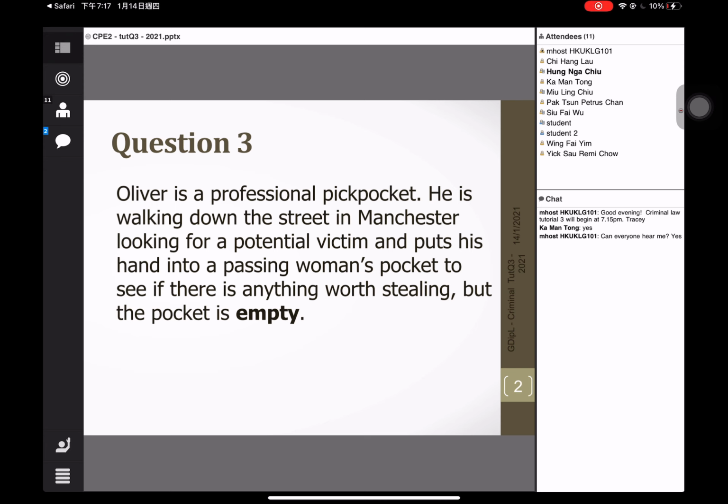Okay, so as with most problem solving, we're going to go through this in a chronological format and follow the narrative. In paragraph 1, we see that Oliver is obviously this professional pickpocket, and in paragraph 1, he picks on 2 victims. Now, the first victim doesn't look very promising, the woman victim, because the pocket is empty, and in textbooks you see reference to whether any crime is committed if someone picks an empty pocket.